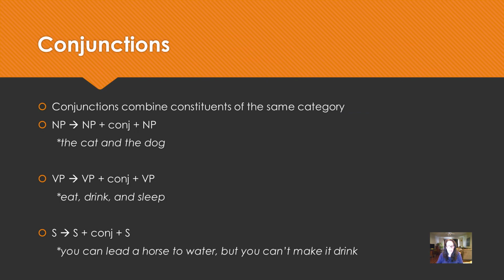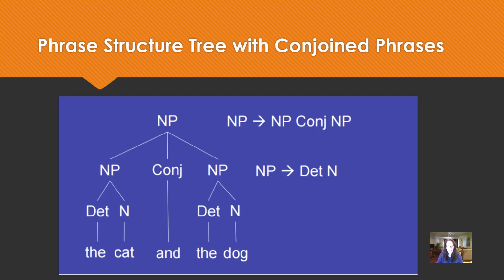And then a final thing is conjunctions. So we can take any structure, any constituent, and then just take a conjunction and pile them up on top of each other. So this is another way that we can make our sentences infinitely long. And here's an example of a tree with conjoined phrases. So these are 2 noun phrases.